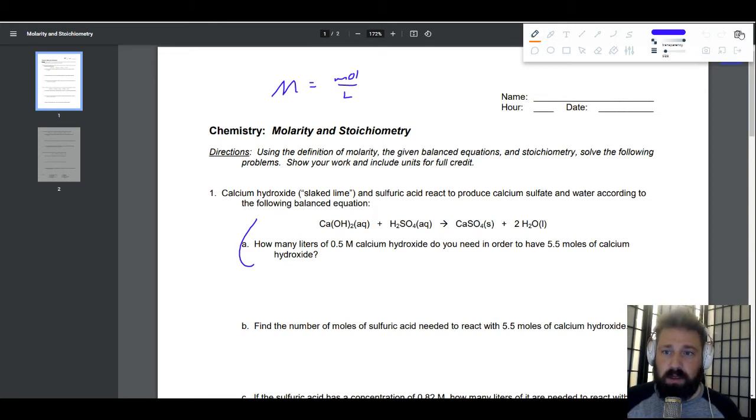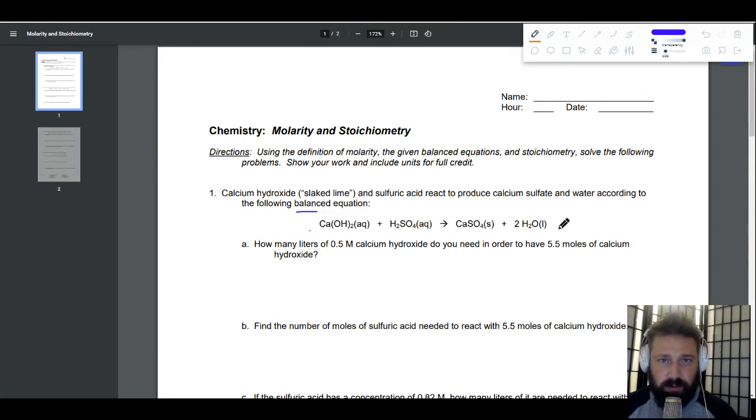So let's go. The question is: calcium hydroxide, otherwise known as slaked lime, and sulfuric acid react to produce calcium sulfate and water according to the following balanced equation. It's nice they balanced it for us, and it's actually pretty nice: 1, 1, 1, 2. So it's going to be a pretty straightforward one.